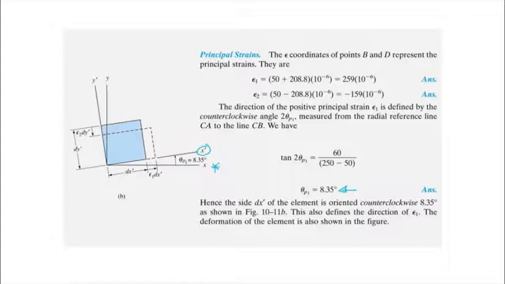And we see that strain 1 is positive, so it's an elongation. The elongation is given by strain 1 dx prime. And strain 2 is negative, therefore it is a contraction. It gets shorter on this side, and the value is strain 2 dy prime. So we just complete the rectangle with the broken lines.